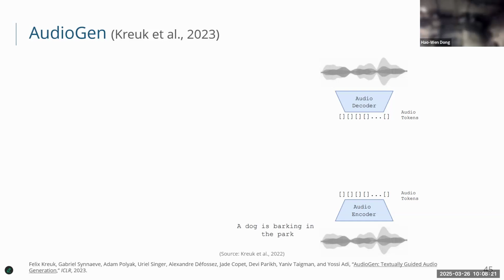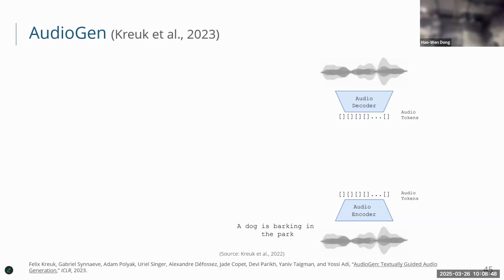What you want to do is that you know what this audio is about in your training data. This audio is about a dog barking in the park. So now your goal is going from this, a dog is barking in the park, to these audio tokens. Think of these audio tokens as some alien language that you want to generate, and this is the input language, in good English.